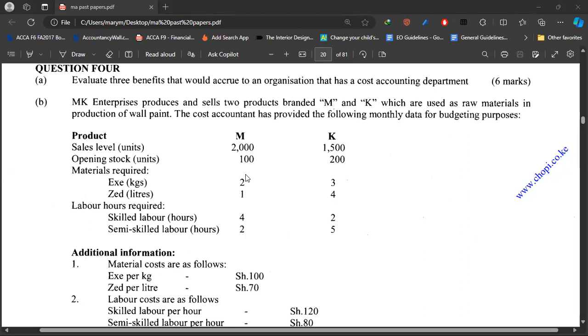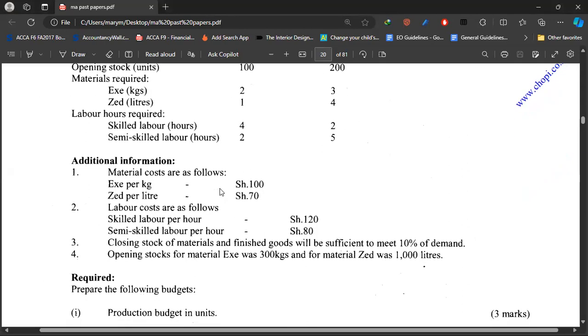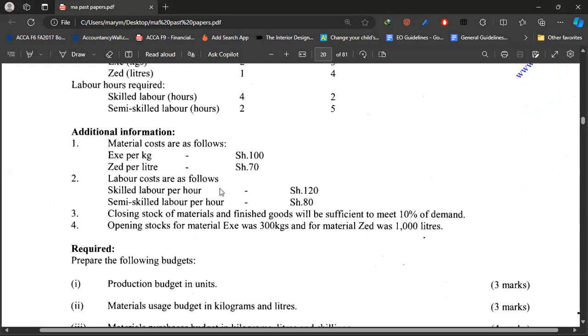MK Enterprise produces and sells two products branded M&K, which are used as the raw material in the production of wall paints. The cost accountant will provide the following monthly data for budgeting purposes. They have given you the sales level, opening stock, material required, labor hours required. Then we have additional information there.